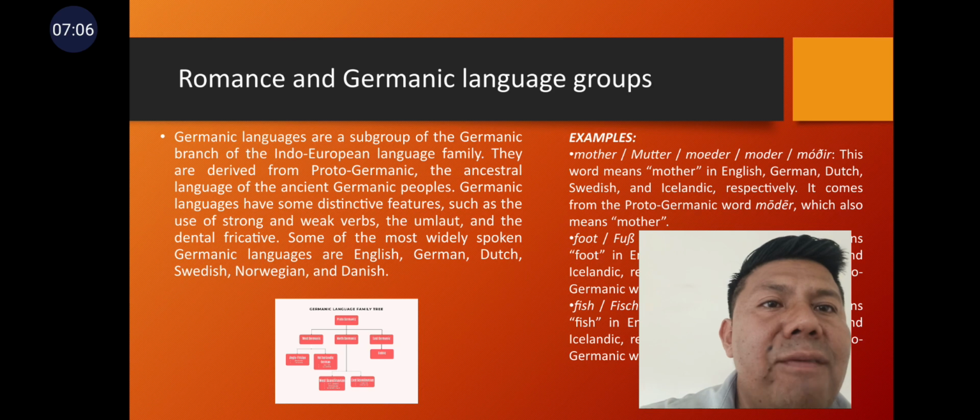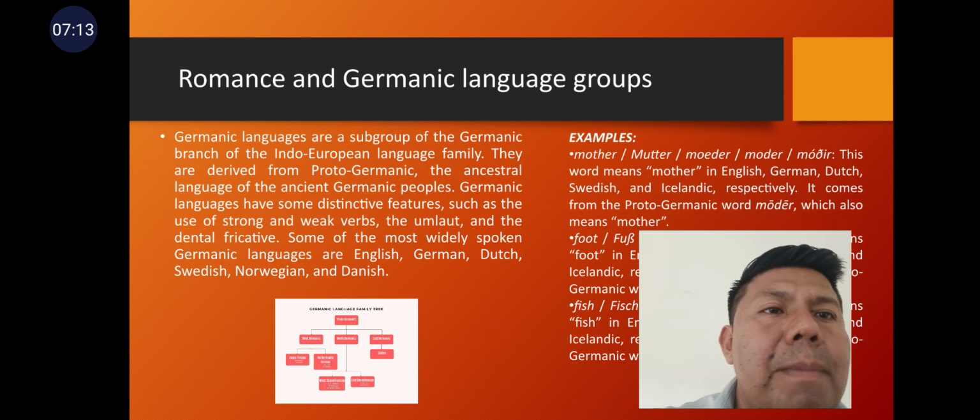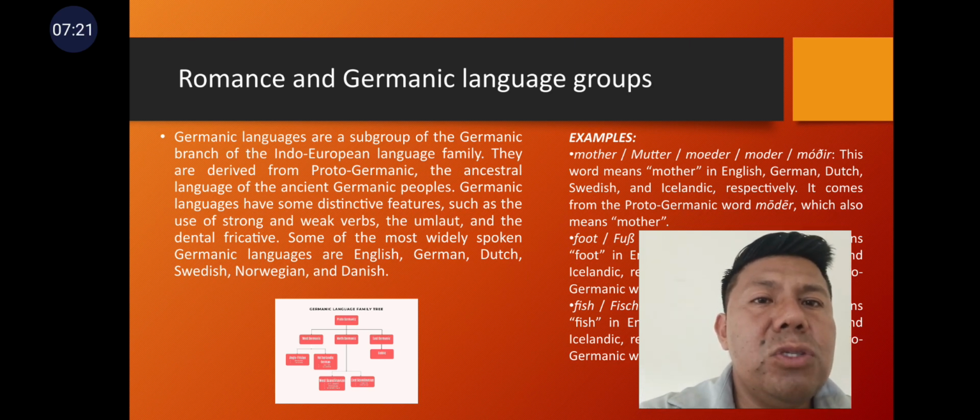Germanic languages have some distinctive features such as the use of strong and weak verbs, the umlaut, and the dental fricative. Some of the most widely spoken Germanic languages are English, German, Dutch, Swedish, Norwegian, and Danish.